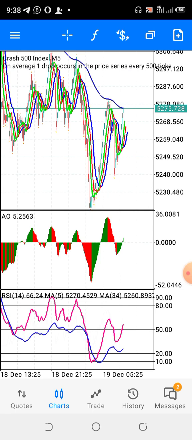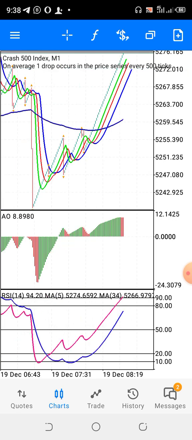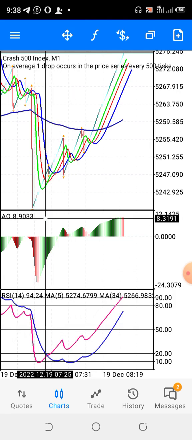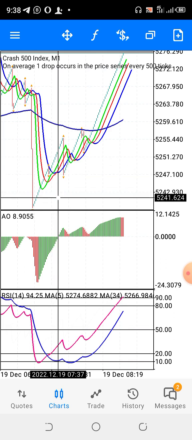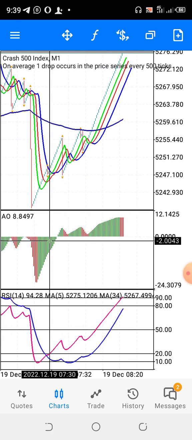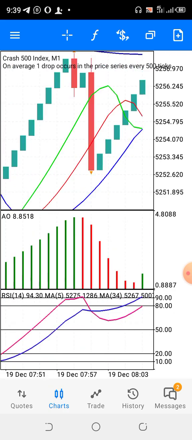But the zoom level for you to be sure is that you must zoom out completely. So let's see 1 minute time frame for you to confirm what I am telling you. Look at it. If this happened here and you enter, there must be an agreement between the histogram, the change in histogram, and there is one thing I promised to show you, and that is what I want to show you now.